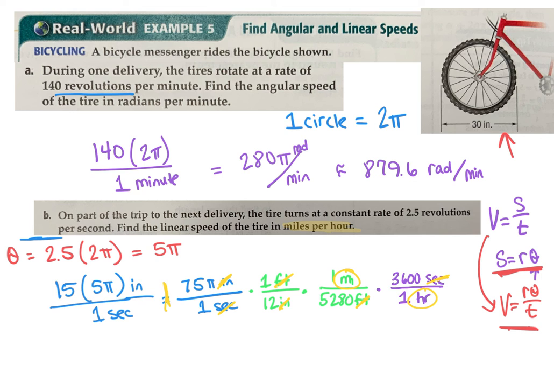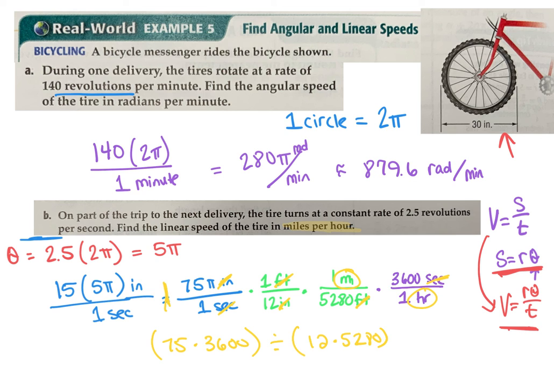Your calculator will do order of operations, so either you have to say 75 times 1 times 1 times 3,600, and then divided by, or you need parentheses. You need to say 75 times 3,600, that's my numerators, divided by 12 times 5,280. Use parentheses like that, or you'll divide then multiply, and that's incorrect.